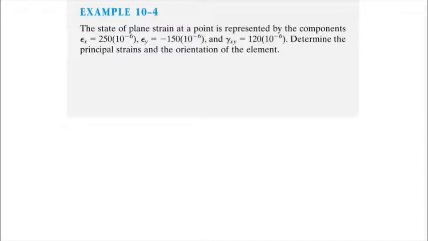As an example, we have the state of plane strain at a point represented by the components: strain normal x is 250 microns, strain normal y is negative 150 microns, and the shear strain is 120 microns. Determine the principal strains and orientation of the element.